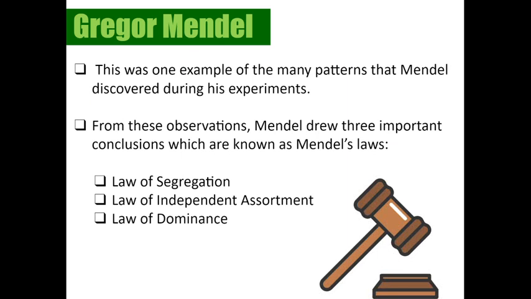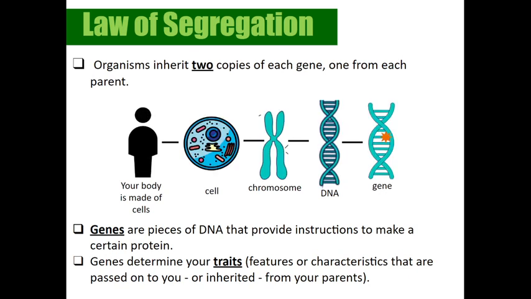Now, from these observations, Mendel drew three important conclusions, which are known as Mendel's laws: the law of segregation, the law of independent assortment, and the law of dominance. Now, organisms will inherit two copies of each gene, one from each parent.